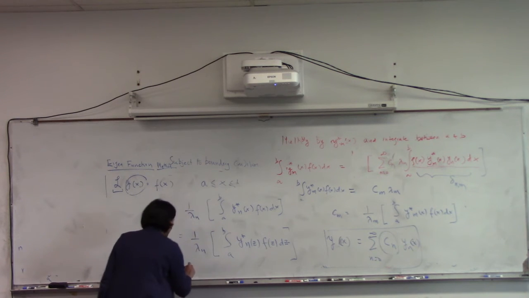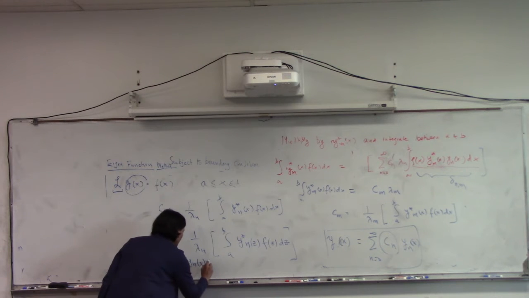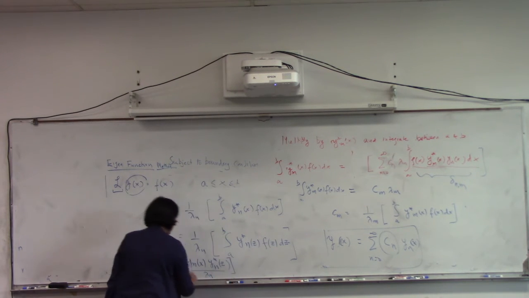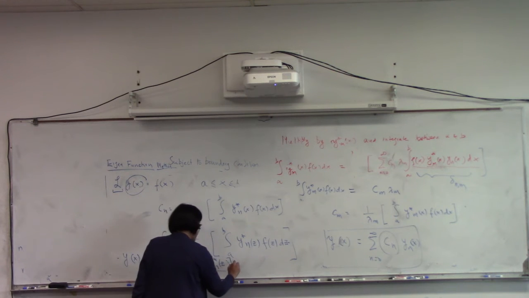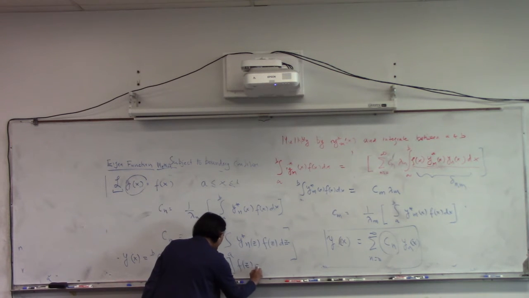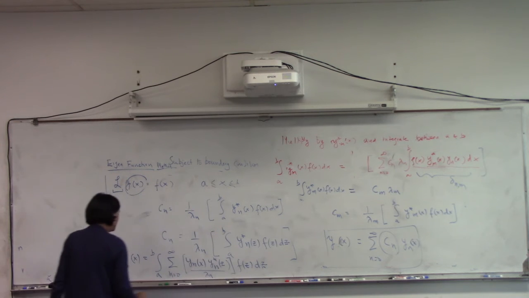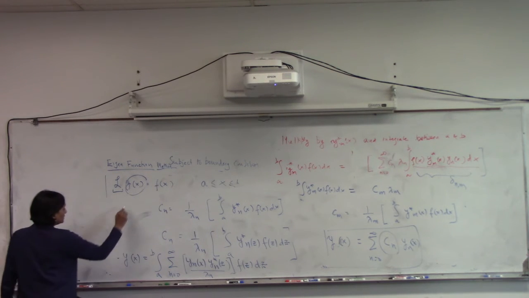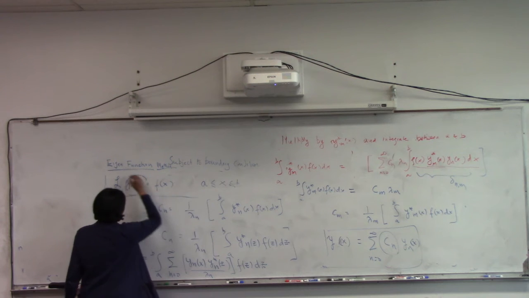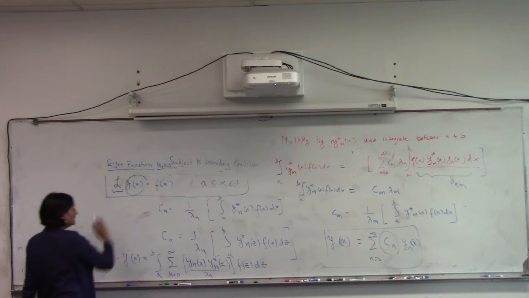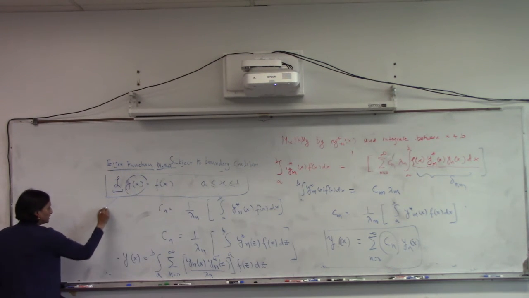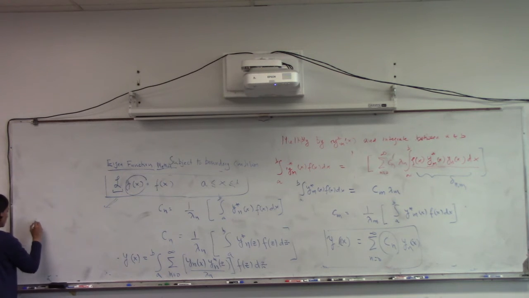Okay, I have y n of x, y star n of z, and I have lambda n, and then I have f of z dz. All right. So the solution of this inhomogeneous differential equation, if L is a Hermitian operator, is nothing but the following. That's all you have to know.